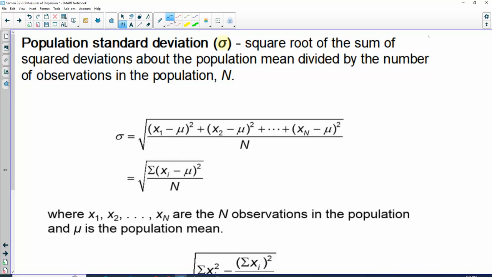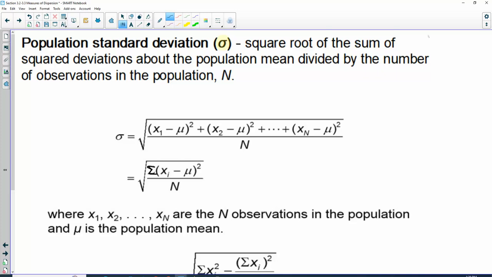The purpose of the squaring is to make it positive. And then, do you remember what that symbol means from yesterday? Summation. We add them all up. So we basically take each one, subtract the mean, square it, add them all together, divide by the number of points, and we do the square root of that whole thing.